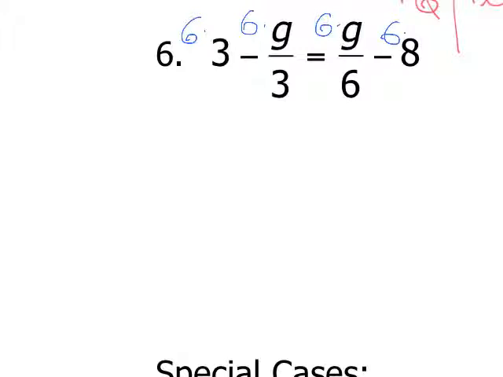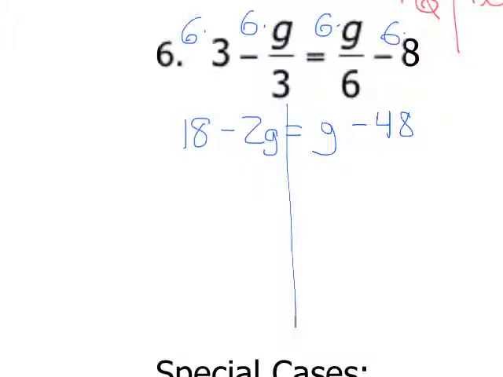So 6 times 3 is 18, minus 6 times g is 6g, divided by 3 is 2g, so I have minus 2g. 6 times g is 6g, divided by 6 is a single g, and then 6 times negative 8 is negative 48 or minus 48. Then I'm just solving from there. I bring variables to the same side, so plus 2g plus 2g.